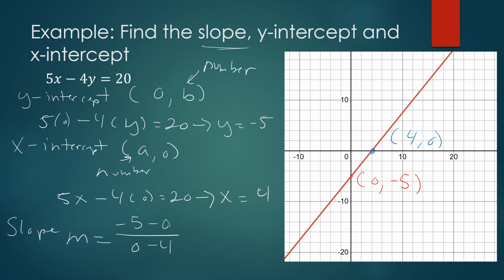Here, one of the ordered pairs is 0, negative 5 and the other is 4, 0. That gives negative 5 over negative 4, which is 5/4. We can confirm that by looking at the graph: from the y-intercept, we went up 5 units and to the right 4 units, 5 over 4.